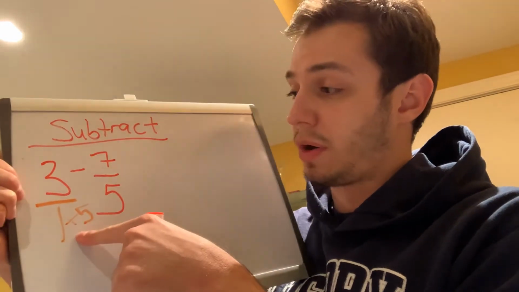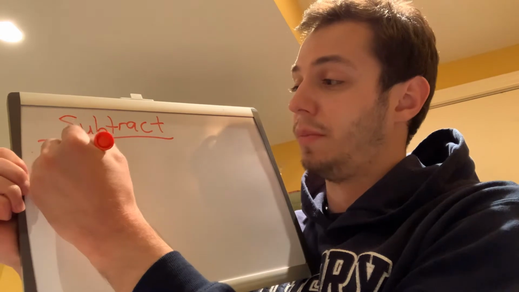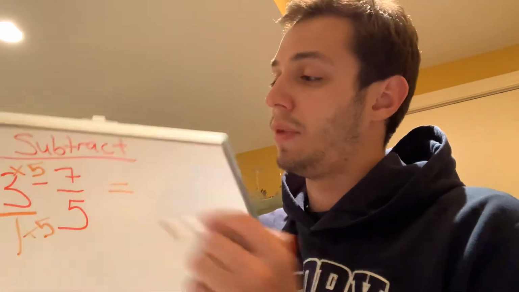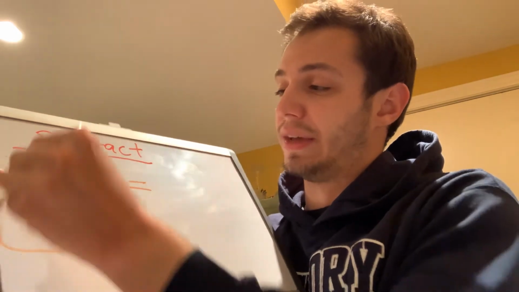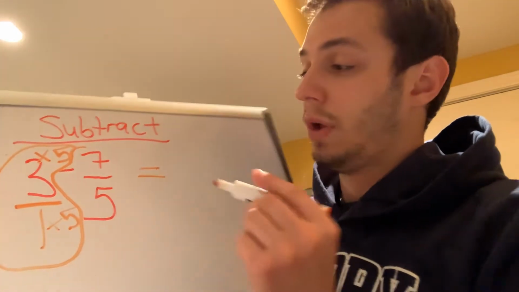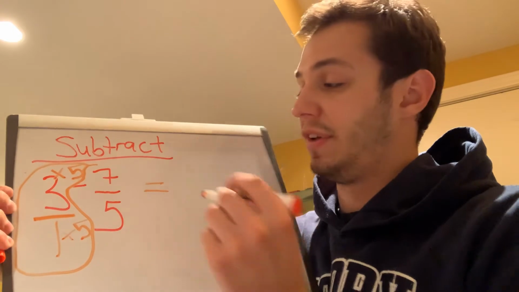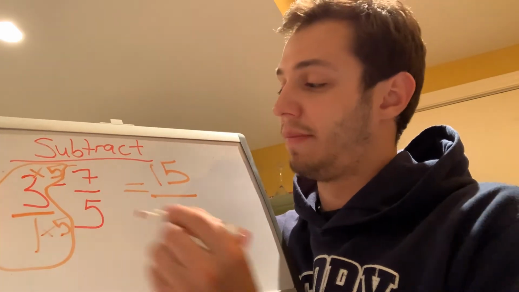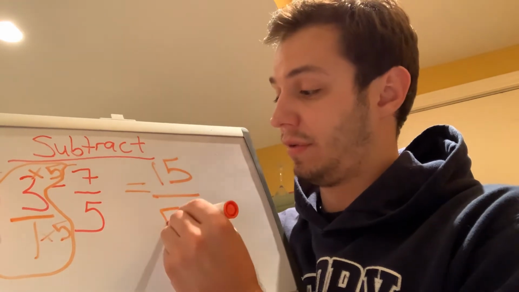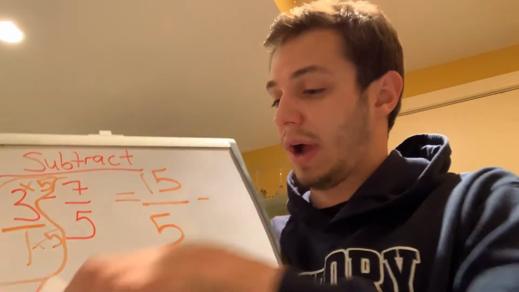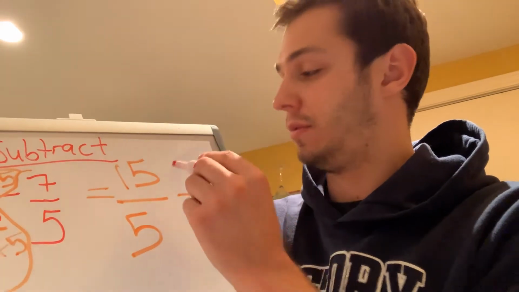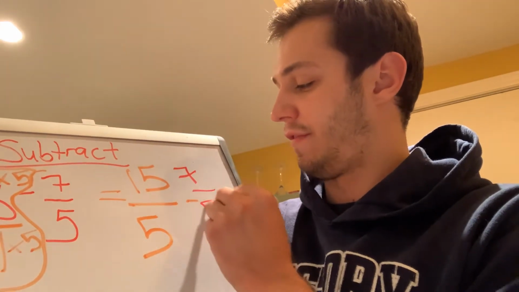Whatever I do to my bottom number, I do to my top number. So I'm going to multiply that top number by 5. Now all I'm going to do is rewrite this. So 3 multiplied by 5 is 15. 1 multiplied by 5 is 5. And then I'm just going to subtract the fraction that was originally there, 7 over 5.